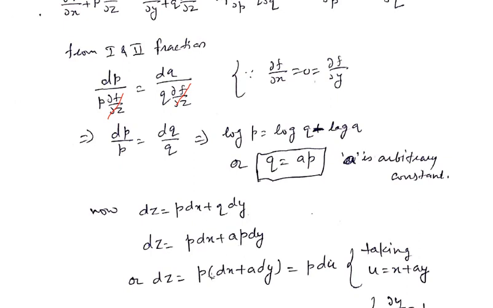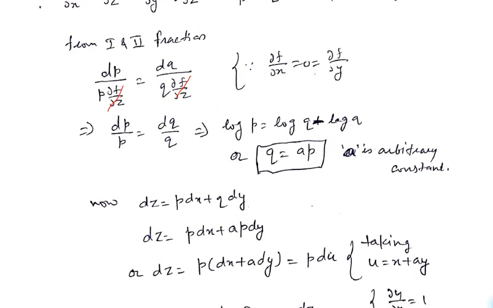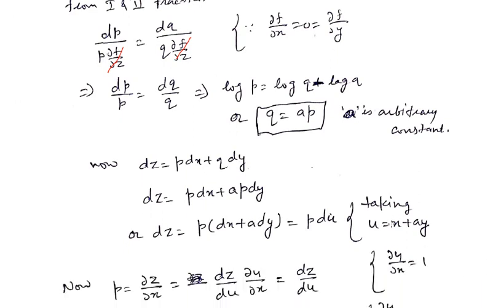Now taking p outside, we get p into dx plus a dy. Now let's take a variable u which equals x plus ay. Here u is an independent variable, as x and y are independent variables and z is the dependent variable. Z depends on x and y. Now x plus ay equals u, so u is an independent variable and z depends on u.